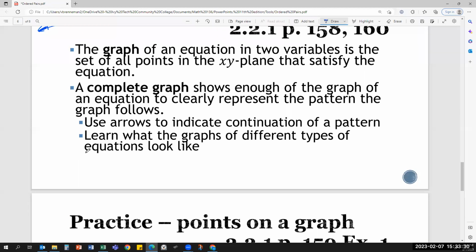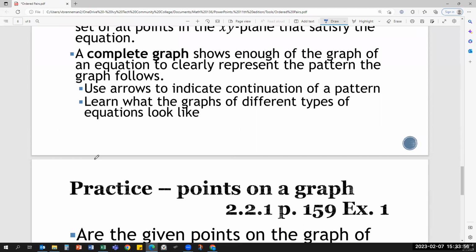This type is always going to have this sort of U-shaped graph, and so on. And that way you don't have to plot as many points, because you just know I need this particular part. If it's a straight line, I really just need any 2 points on it, and then I know it's just a straight line, and so on. So you learn what the graph of different types of equations are going to look like, and then use that to help find the complete graph.